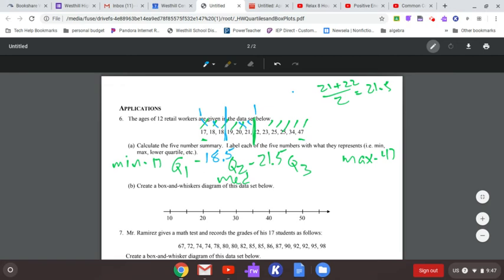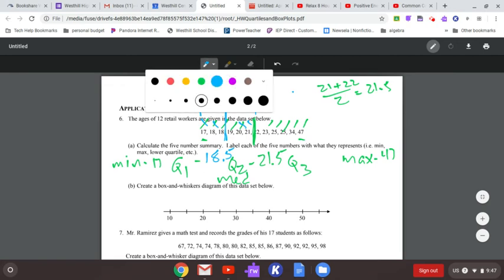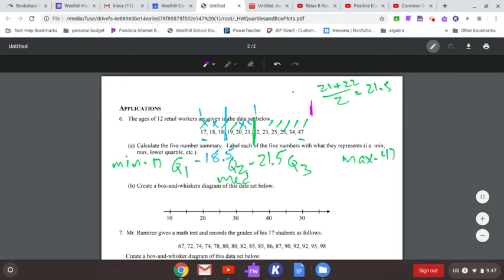Now for Q3, we do the same thing for the upper part up here to here. We cross out until we get to the middle, and we fall right between 25 and 25, which is just 25. So those are our 5-number summaries.